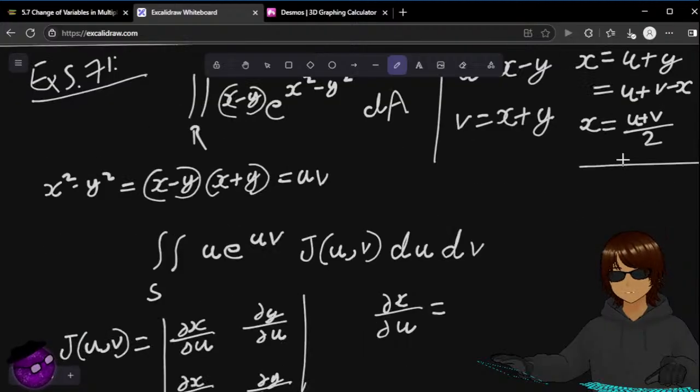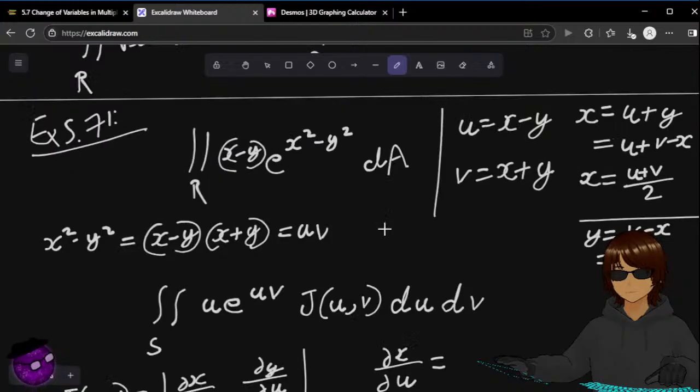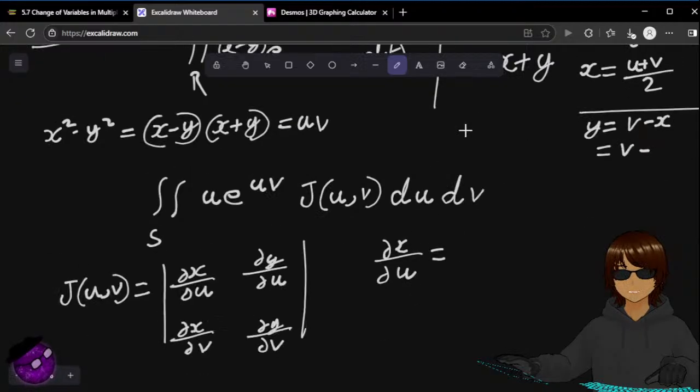And then similar for y, v minus x, v minus, no, u plus y.